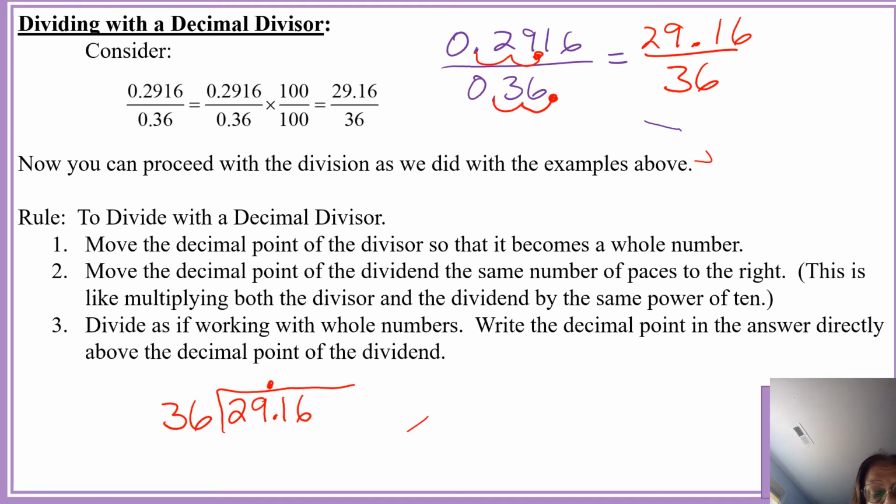So it's going to go into 291. I'm going to guess 8 times. 36 times 8 is 288. Ah, good guess. 8, 288. I subtract. Out of 91, I got 88.